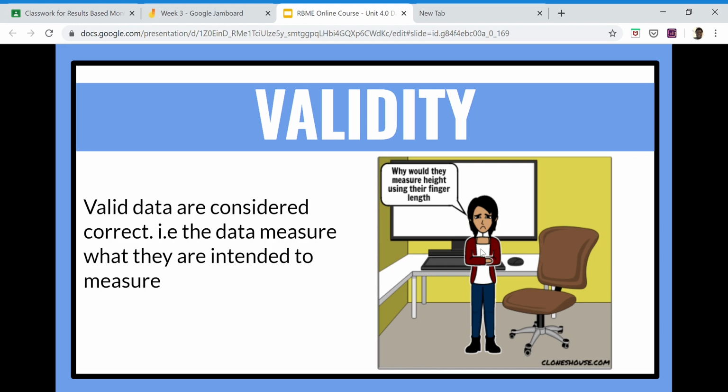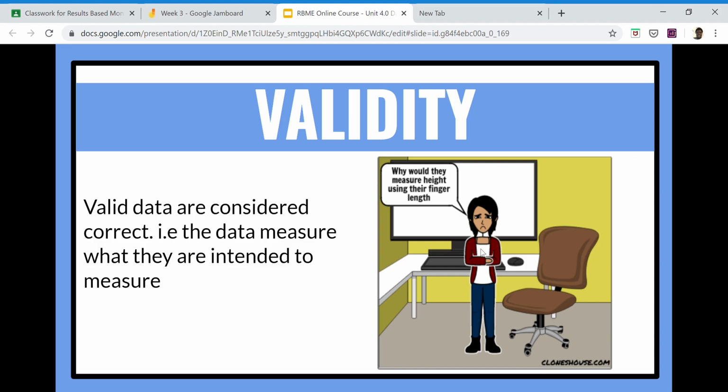If you want to measure, for instance, your weight currently, you will use a scale that is calibrated in pounds or in kilograms. You would not want to use maybe a scale that is calibrated in millimeters to measure your weight.